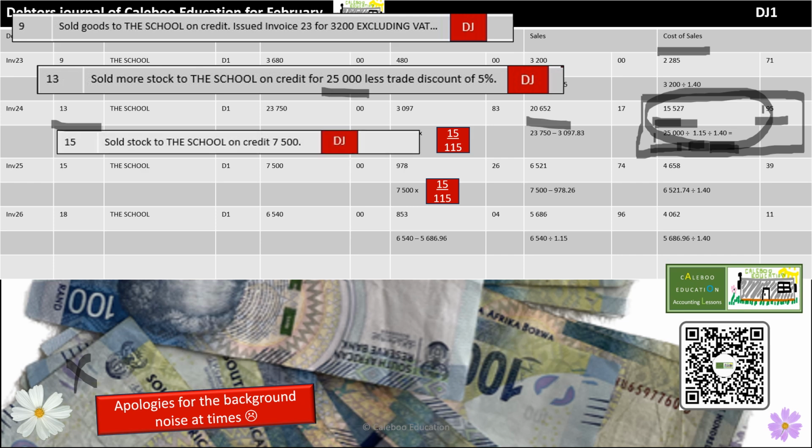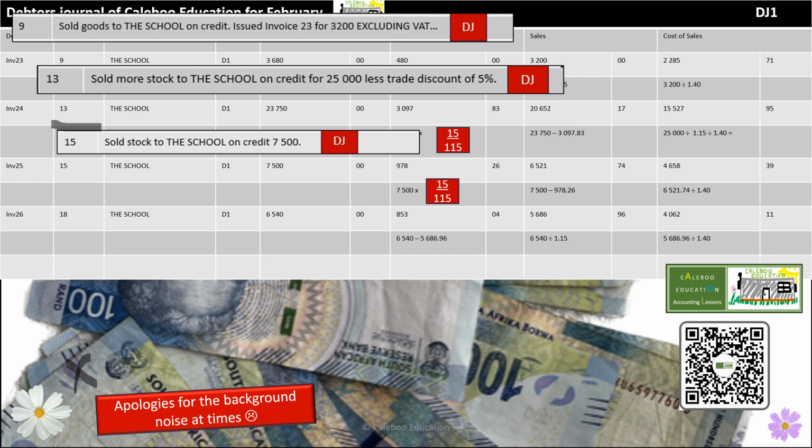It says here, sold stock to the school on credit. Nice and easy. 7,500. And remember, all the transactions include VAT unless otherwise stated.